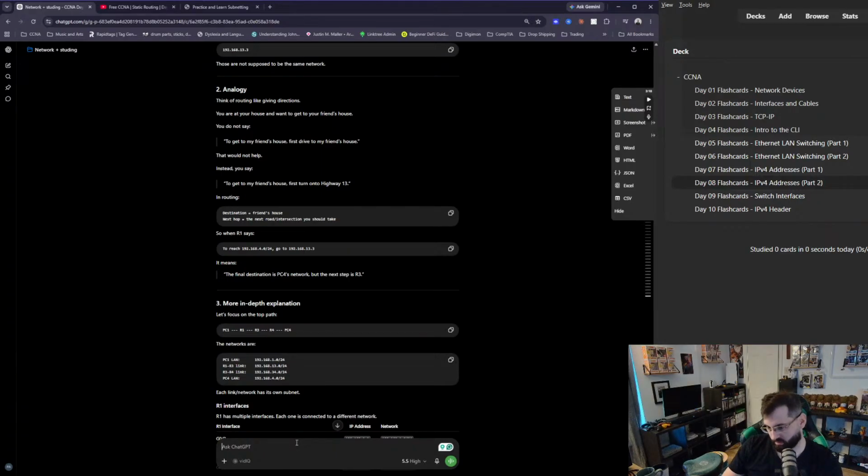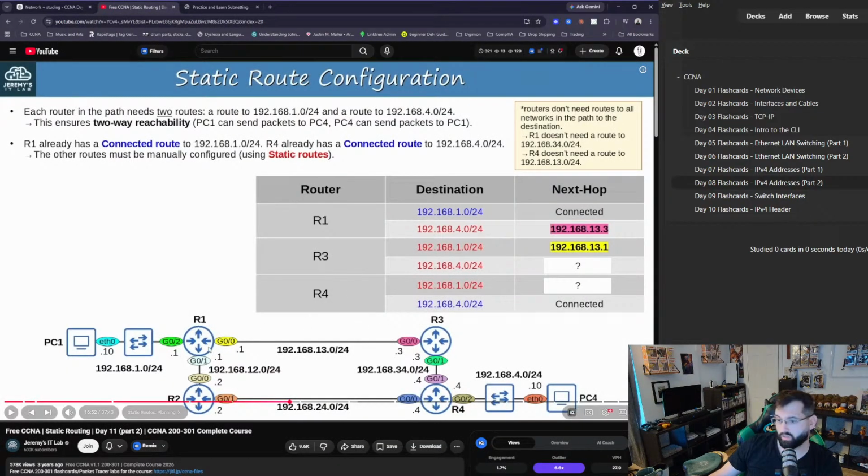Okay, hold on. Network. So for example, R1 G0/1 is on the, what is it? The 192.168.1.0 network, or the 1.0 network.